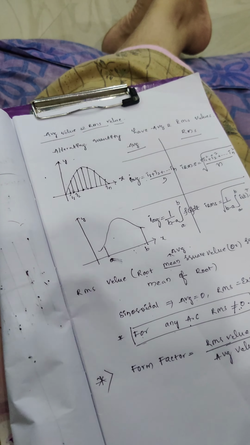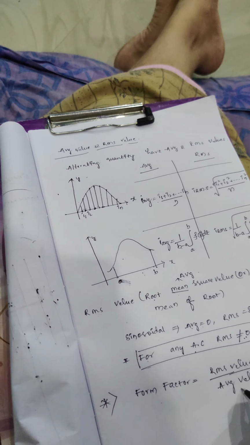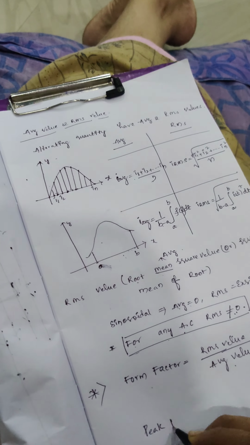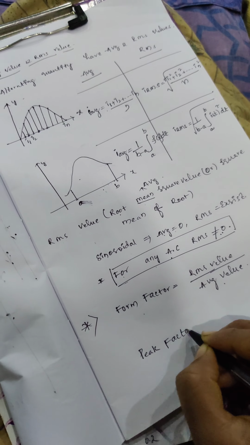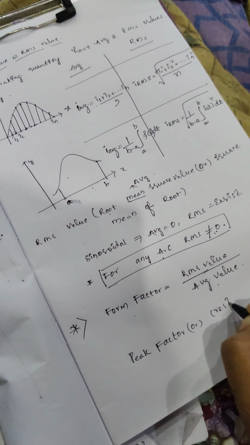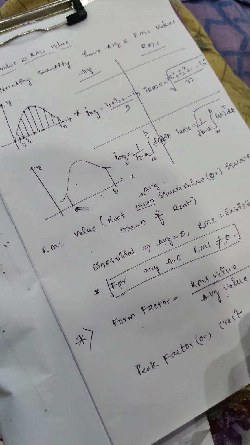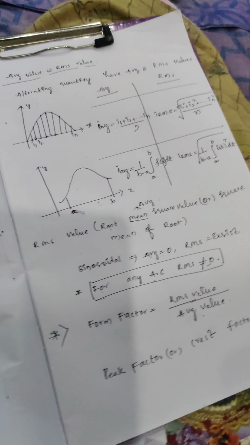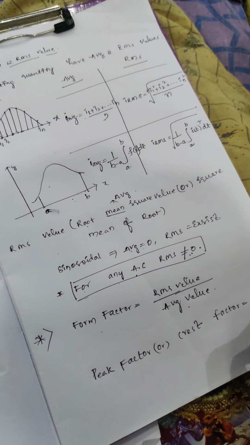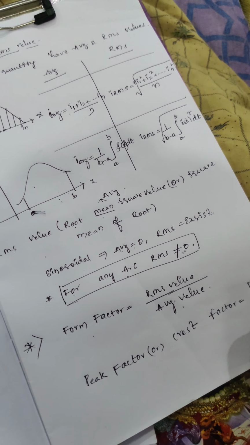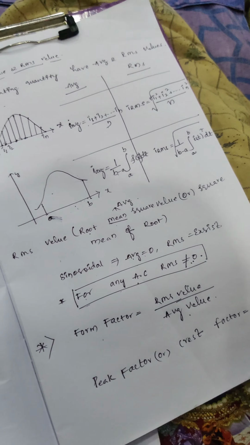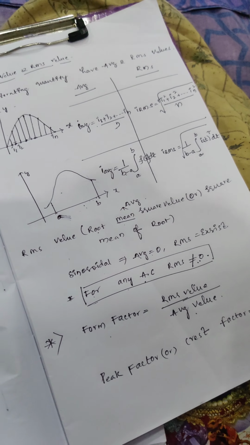The definition of the form factor is RMS value by average value, and the peak factor, also called crest factor, is defined as peak value by RMS value.